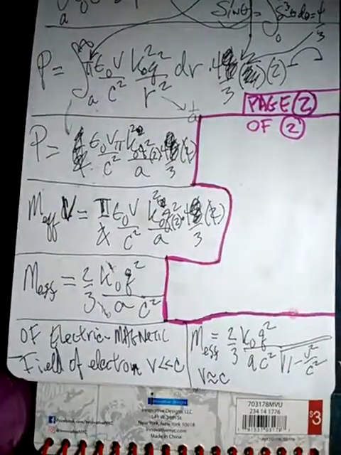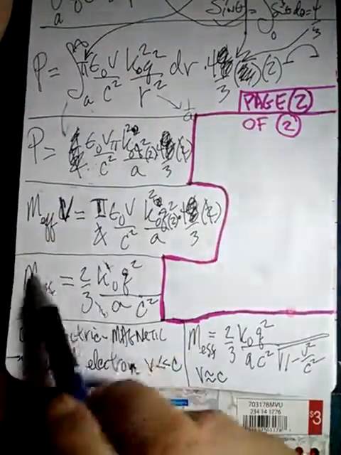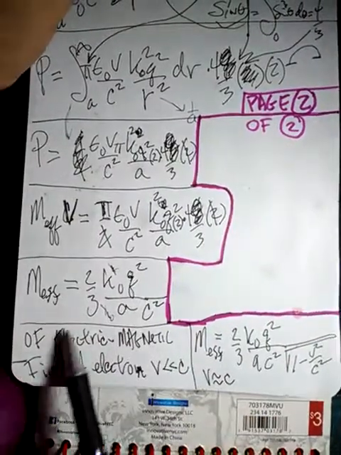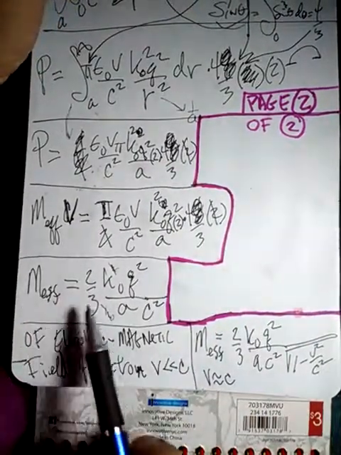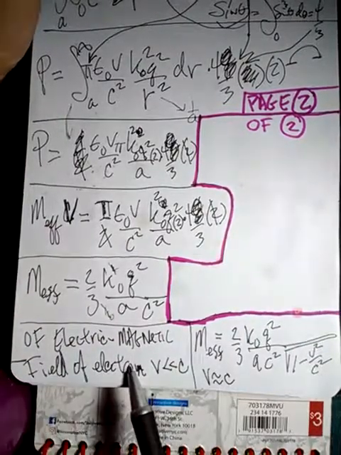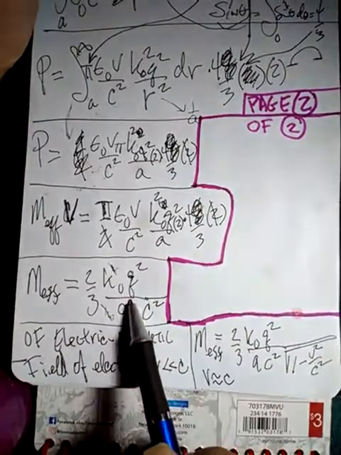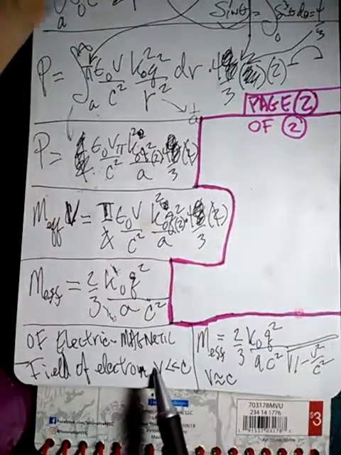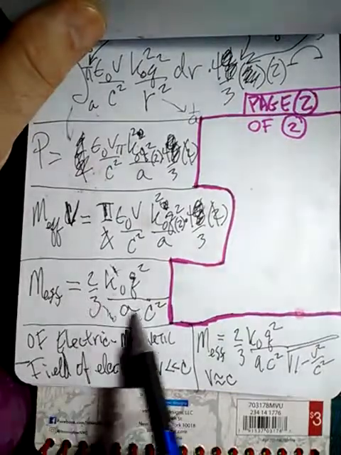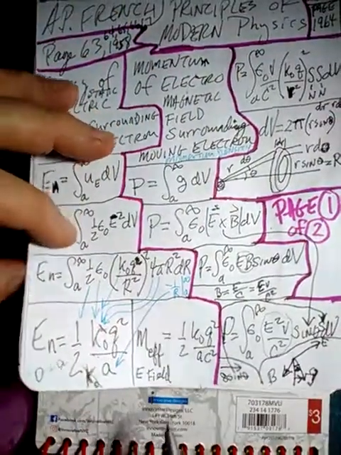All right? Now, how is this effective mass? That's the electric and magnetic. This is the effective mass of the electric and magnetic field of an electron that's moving slow compared to the speed of light. How does that 2/3 compare to what we got before with a static one and only electric?